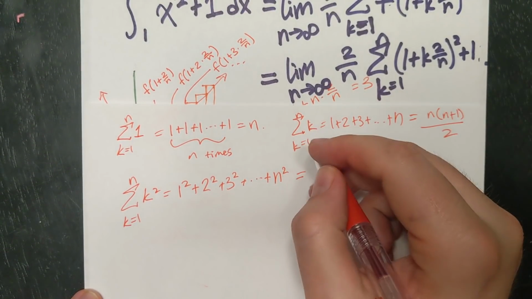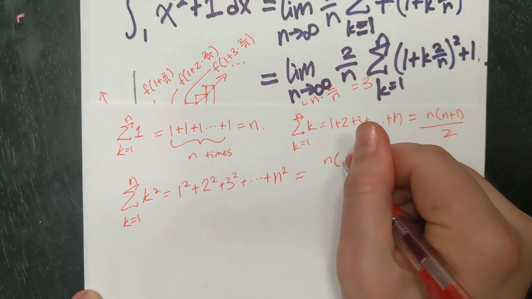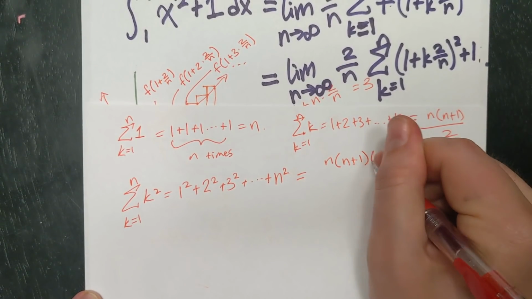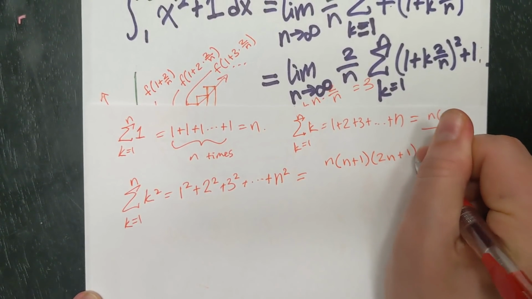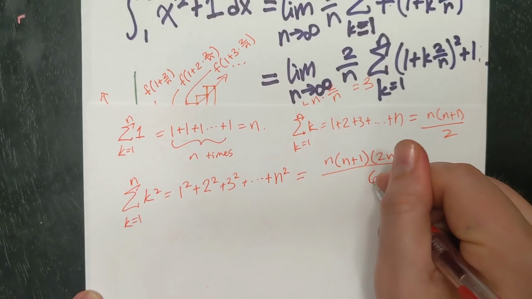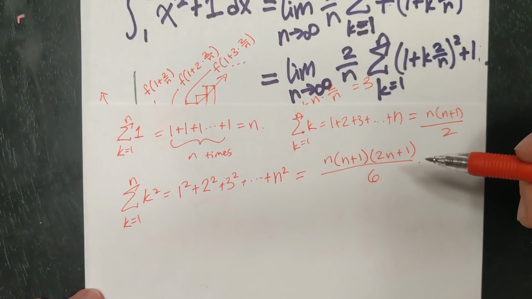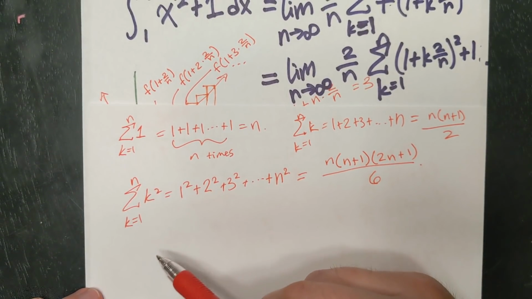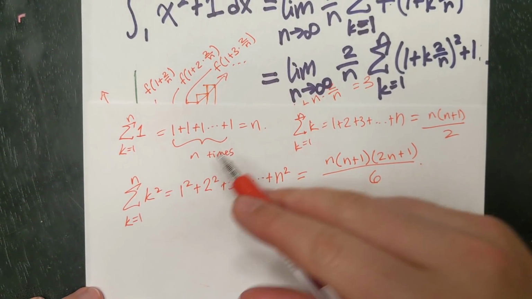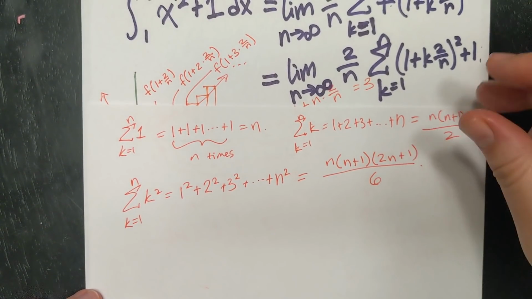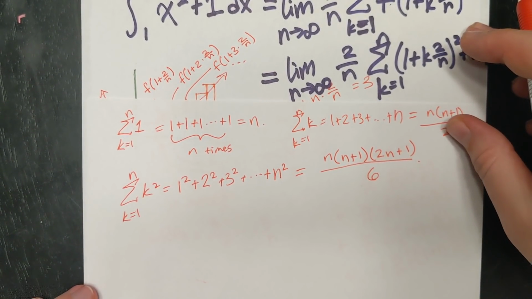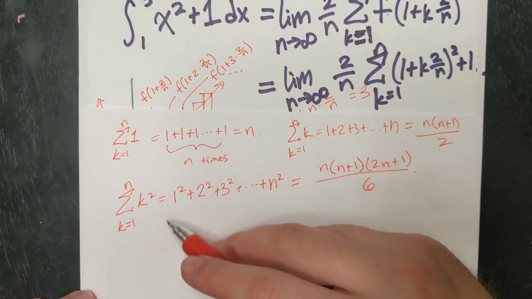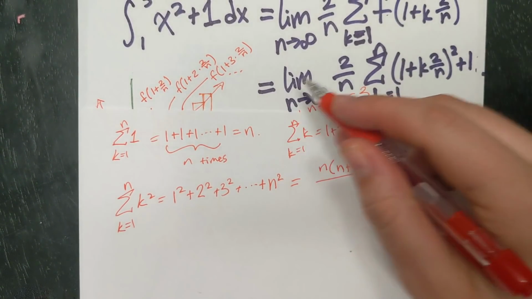That comes out to be n times n plus 1 times 2n plus 1 all over 6. And so these are good ones to know. You should also remember that the sum of k cubed comes out to be n squared times n plus 1 squared divided by 4. So these are the ones you really need to know. And so we're going to try to use these by manipulating this expression.